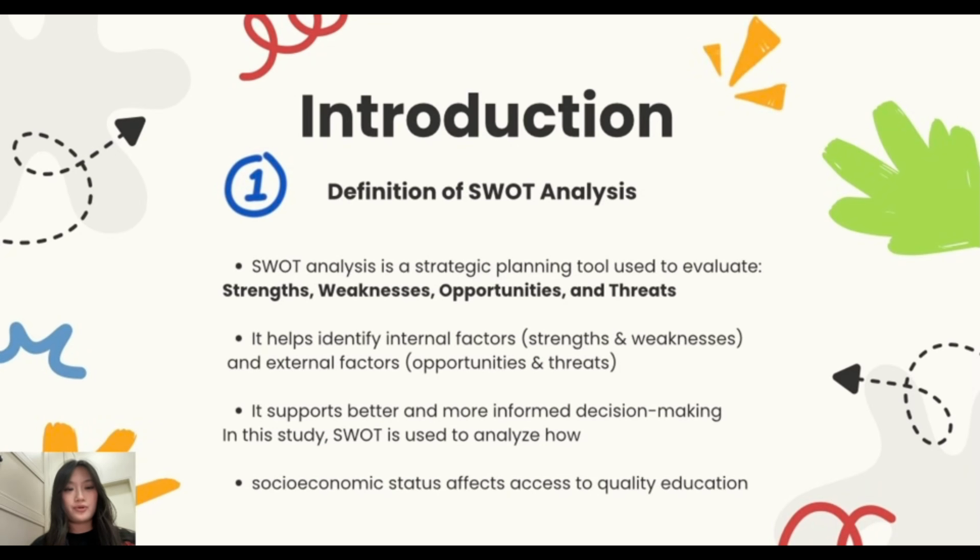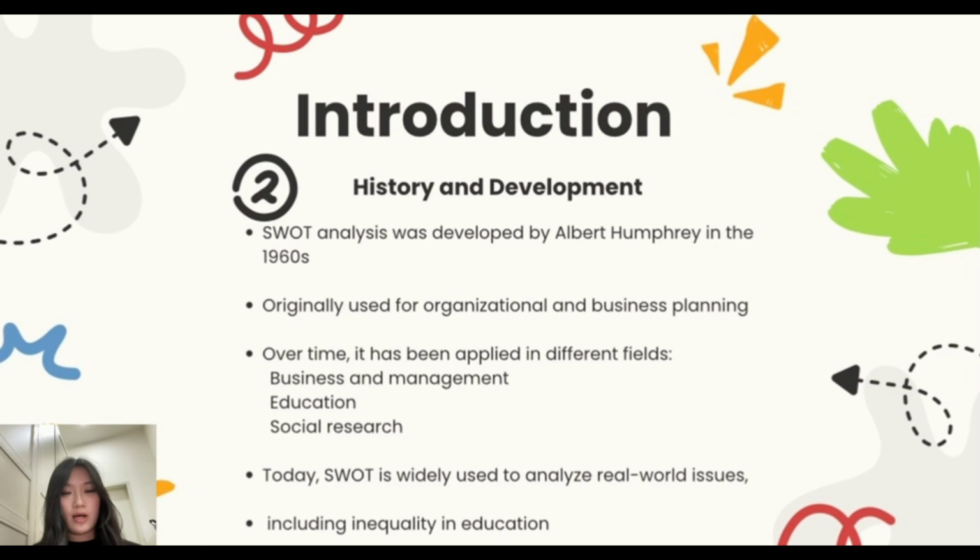In our project, we are using this framework to look at how socioeconomic status affects access to quality education. Now let's talk about where SWOT came from. It was developed by Albert Humphrey back in the 1960s.